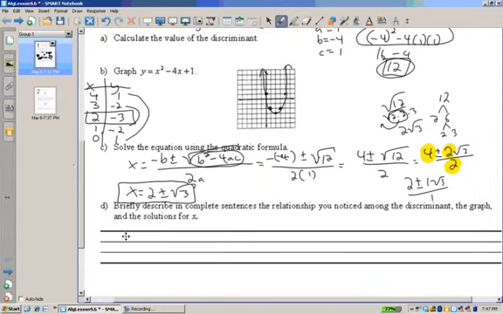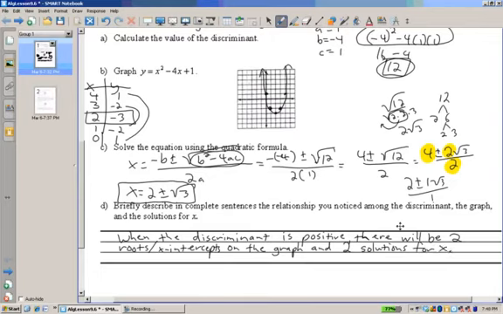Well, when the discriminant is positive, there will be two, you could call them roots or x-intercepts on the graph, and 2 solutions for x.